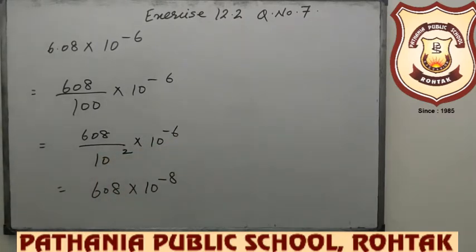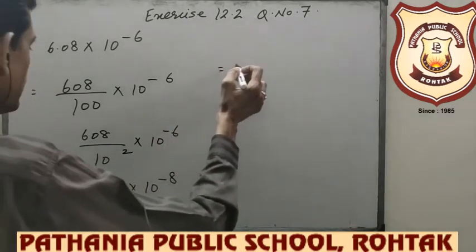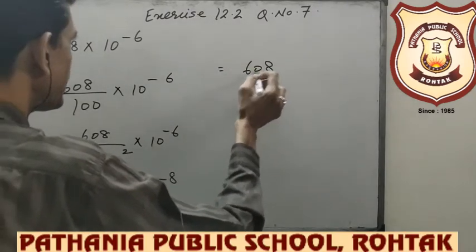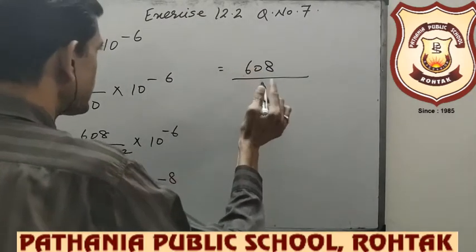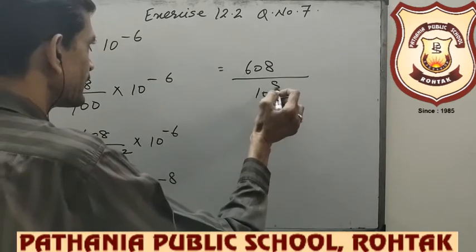So minus 6 into 2 is minus 8 power. Okay? So what is it now? This is 608 divided by 10 raised to the power 8.